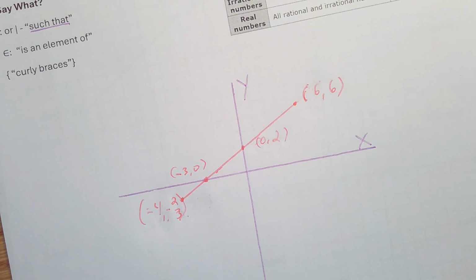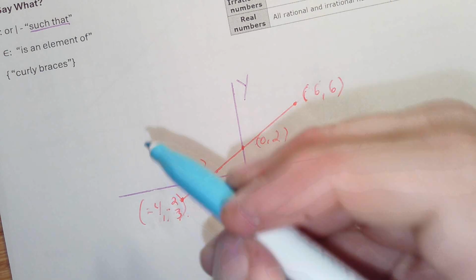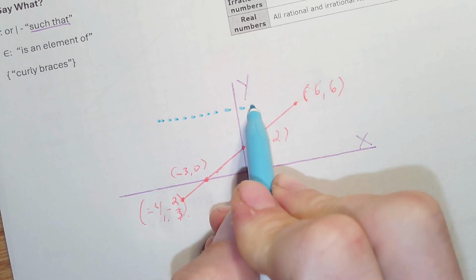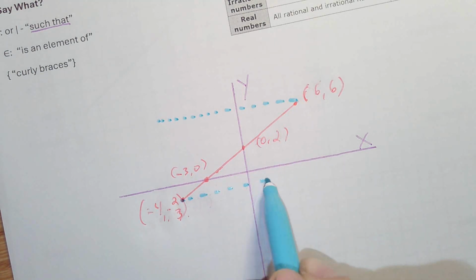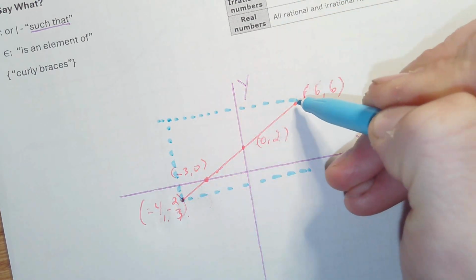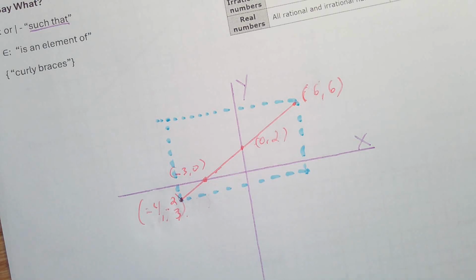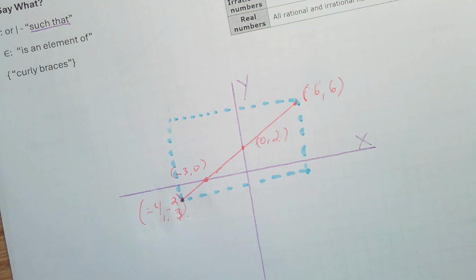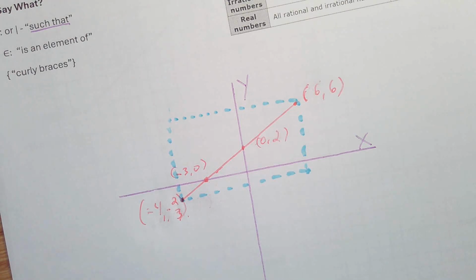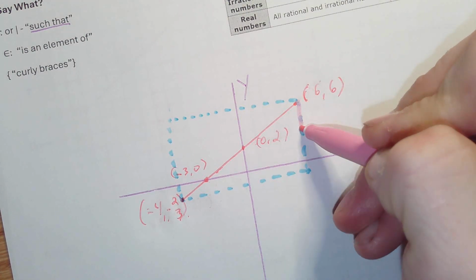I just want to determine the range and the domain of this line segment. In order to do this, you can visualize a box where this thing lives. This is the maximum and minimum in the y direction, and this is the maximum and minimum in the x direction. It lives inside this box. This maximum and minimum in the y direction is the range.